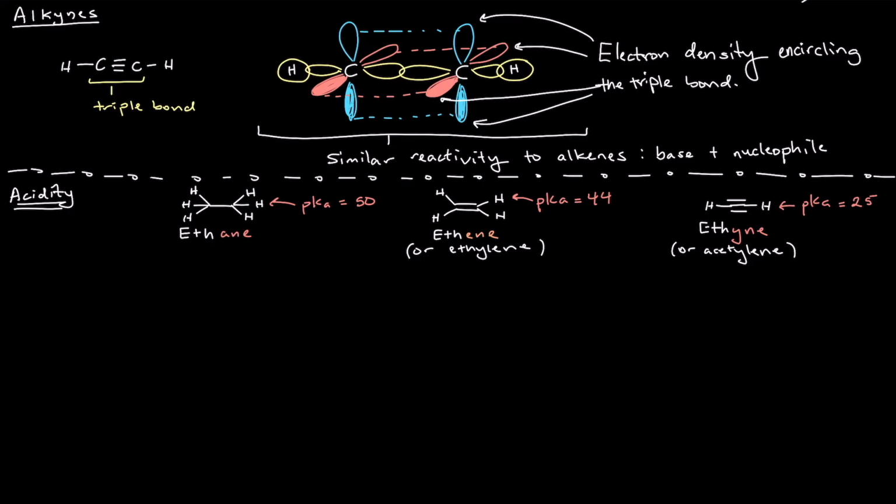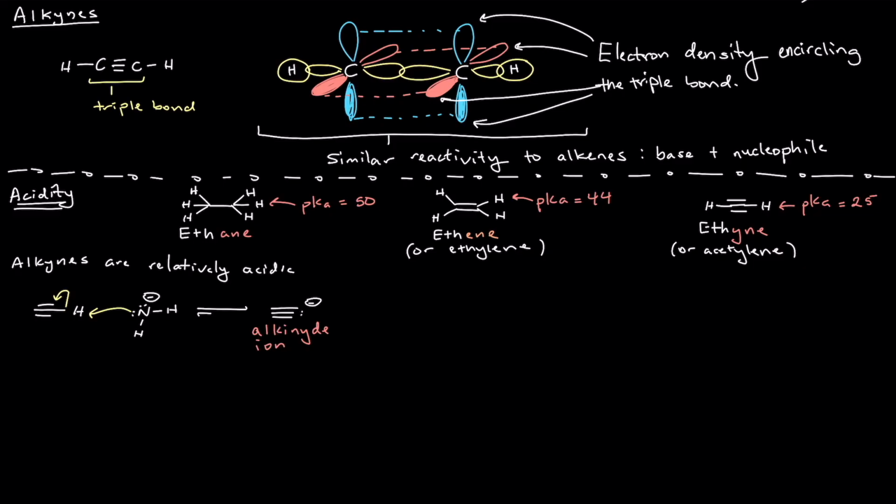This means that ethyne or alkynes that have terminal CHs are relatively acidic, which is to say, an alkyne, in the presence of a strong base, such as your NH2 minus ion, can be deprotonated to form the conjugate base of your alkyne, which we call the alkanide ion, and then ammonia as your byproduct.